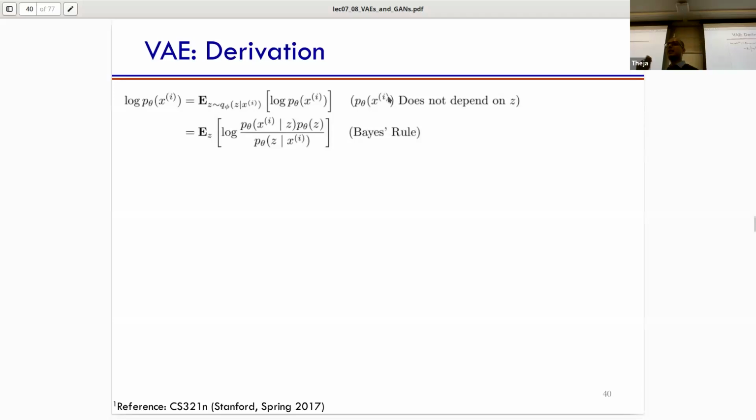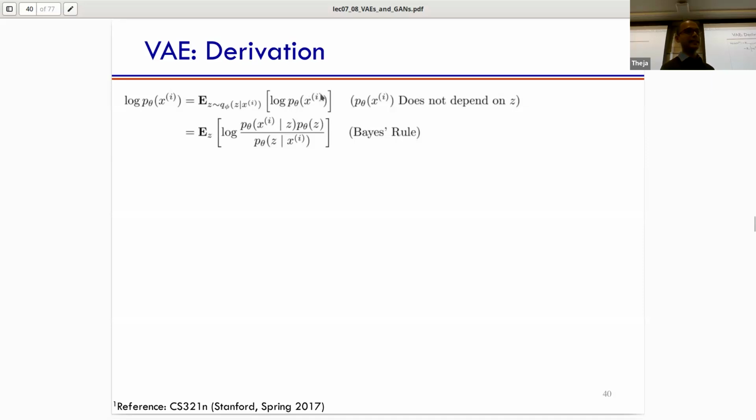Then what you can do is multiply and divide. Sorry, not the conditional probability of X given Z. What you can do is take this marginal probability and say that it is equal to the joint probability divided by the probability of Z given X. That is easy to see, right?